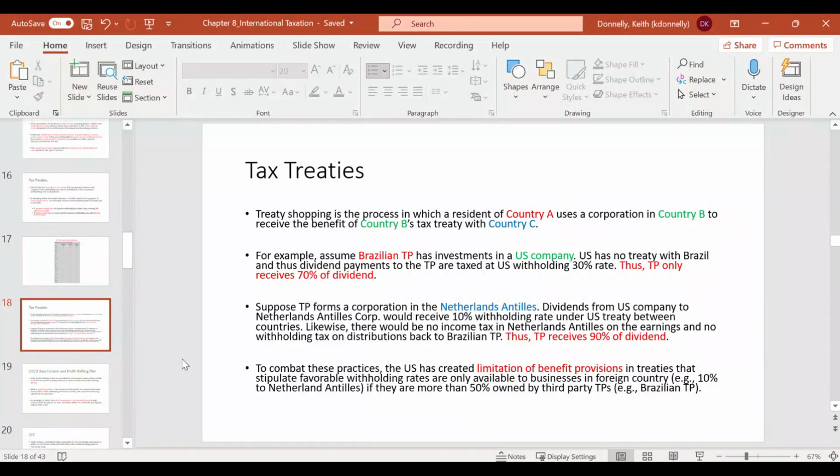Just like the OECD had that permanent establishment idea, if you're going to take advantage of this, you better at least have some skin in the game and really own the foreign sub. This better not be something that's just on paper where you own 1% of it.